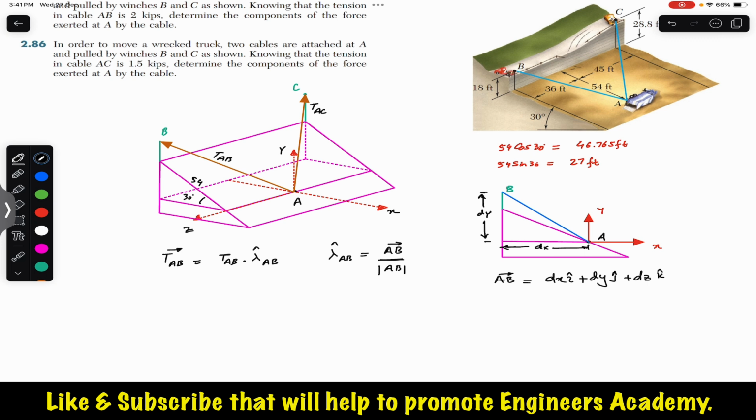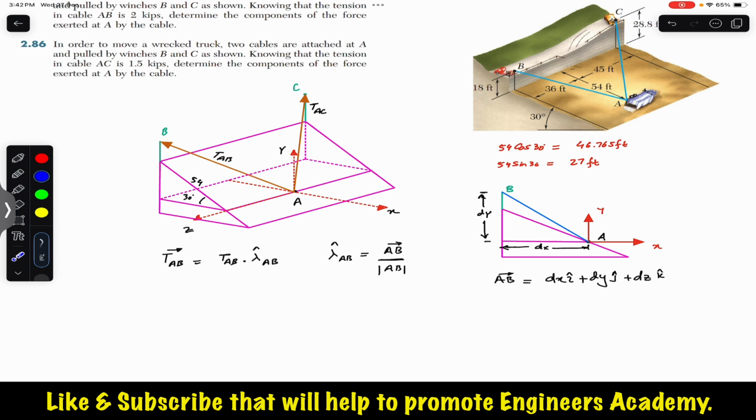Now what is dx, dy and dz? These are the distances between point A and B along the axes. Dx is the distance between point A and B along the x-axis. Dy is the separation between point A and B along the y-axis. And dz is the separation between point A and B along the z-axis.